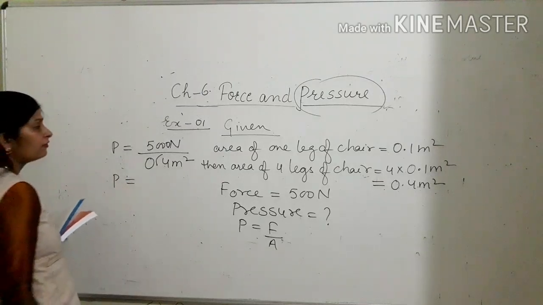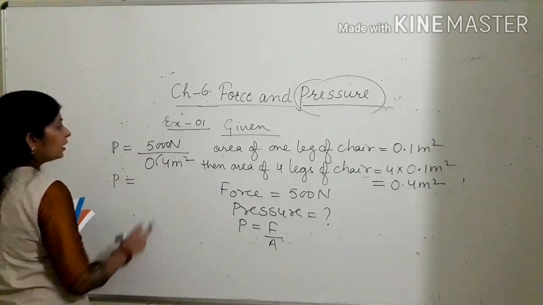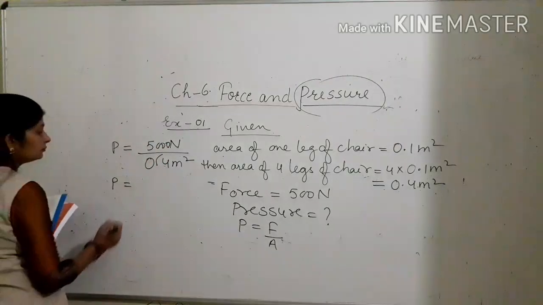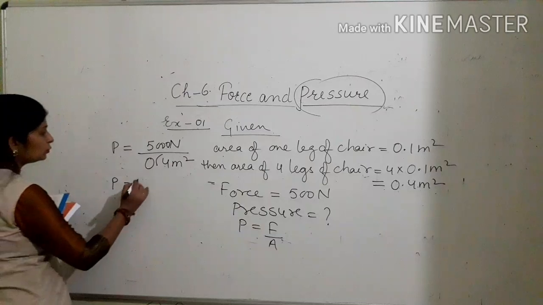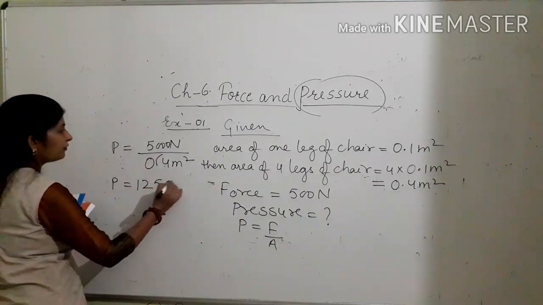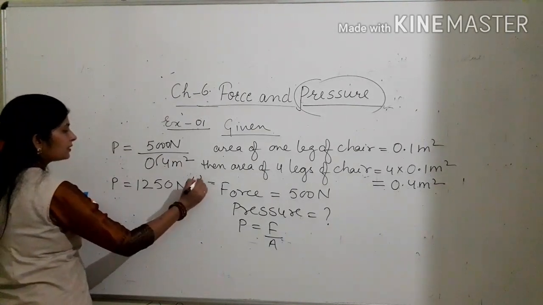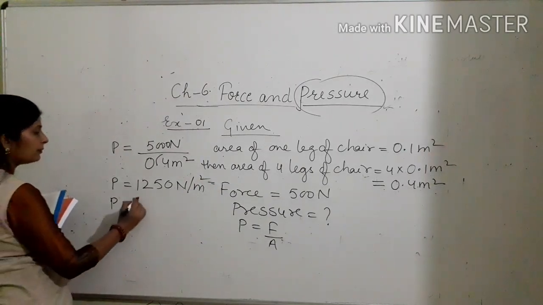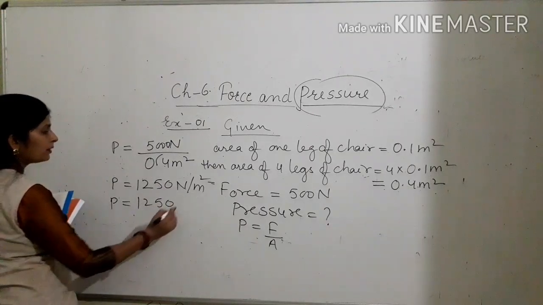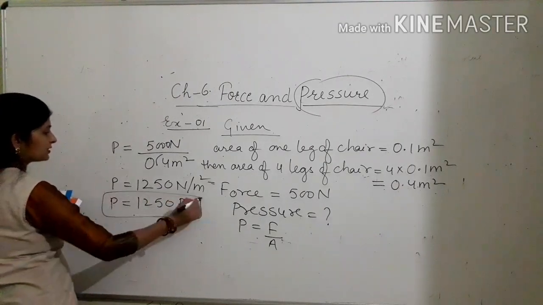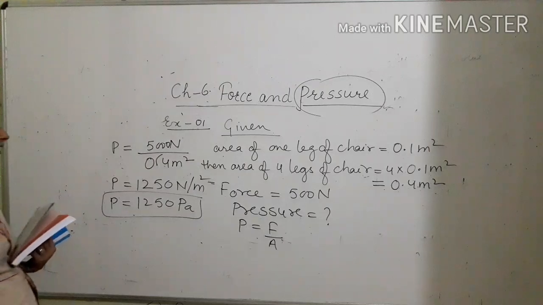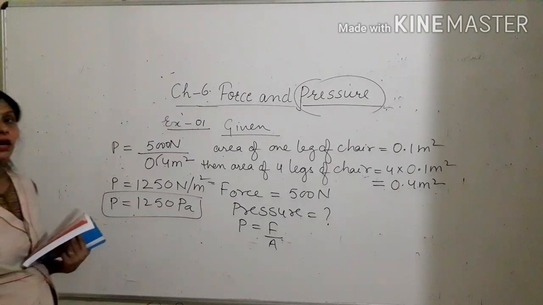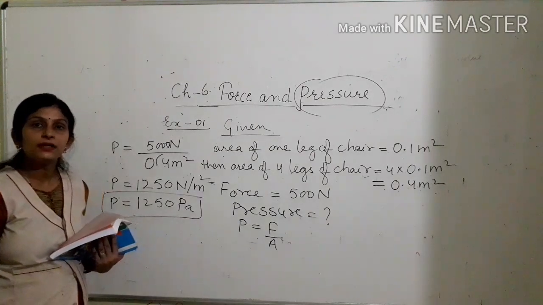Now we have 5000 upon 4. So divide 5000 by 4. Then we get pressure is equal to 1250 Newton per meter square. In place of Newton per meter square we can write Pascal. So what is the pressure created here? That is 1250 Pascal.